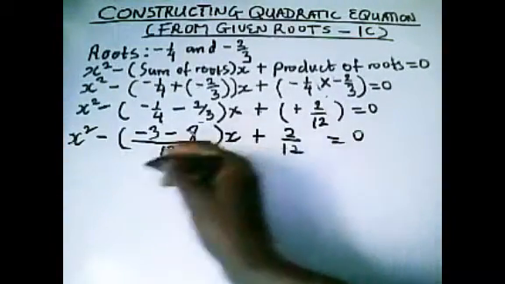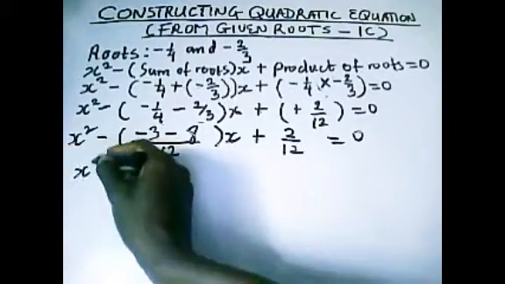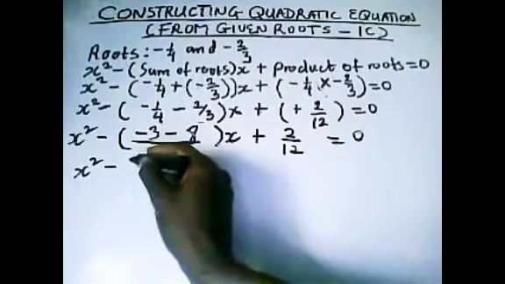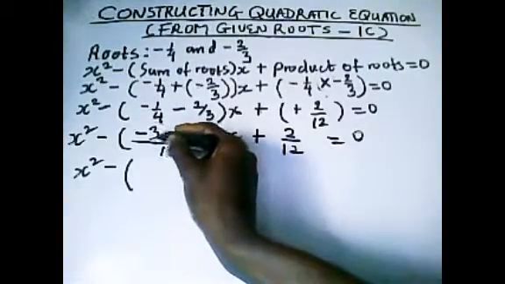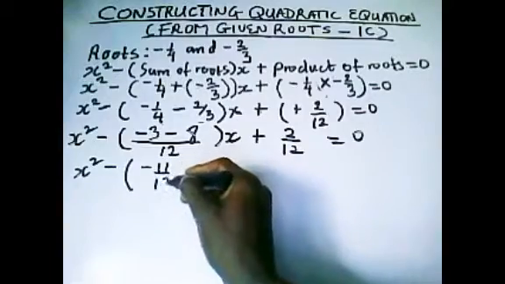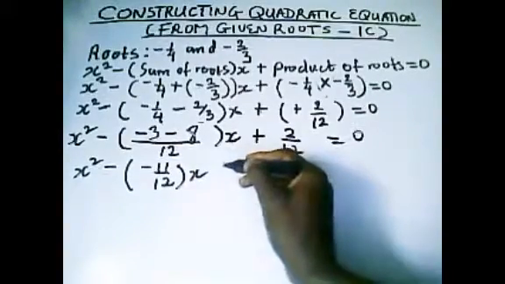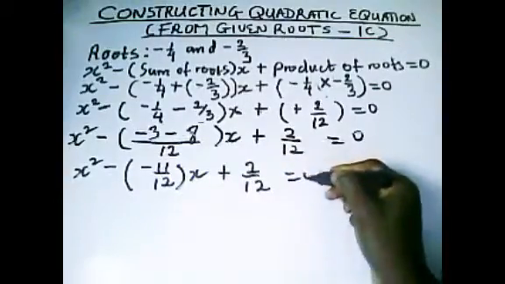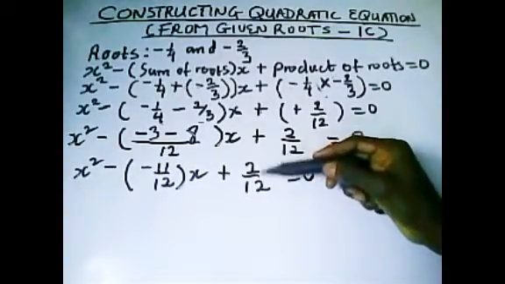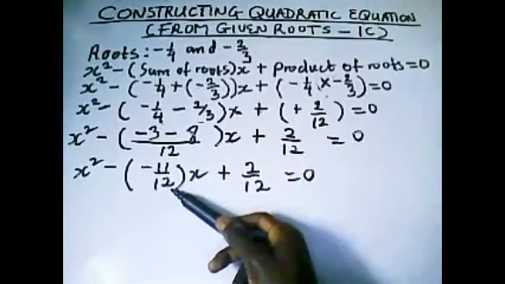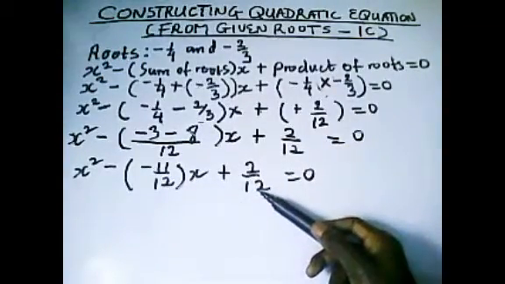Now from here what do we have? We have x squared, then minus, in bracket, minus 3 minus 8 will give us minus 11 upon 12 x, then plus 2 upon 12 equals to 0. So once again, please do not divide this for now, because you can see that here we already have 12 as the denominator and 12 as the denominator here.